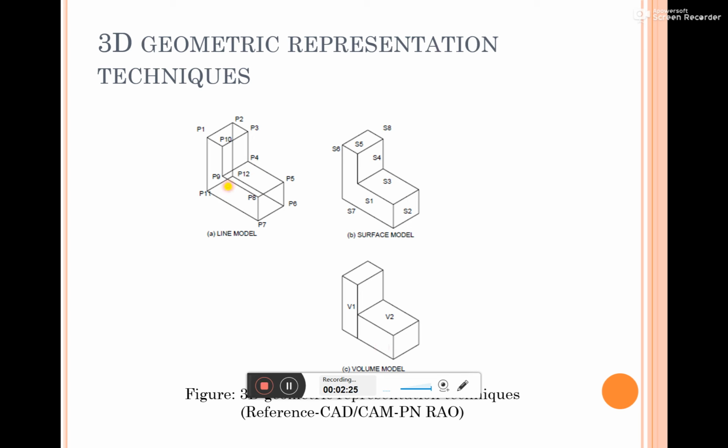In line modeling, also known as wireframe modeling, the 3D object is represented using lines and curves. The 3D model in a line model can be represented by using only lines and curves. Mainly it shows the skeleton or framework of the object.